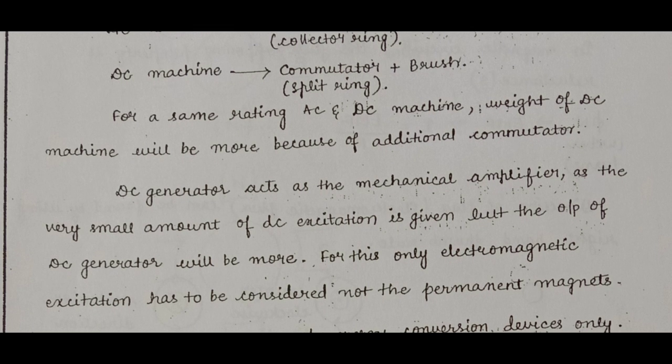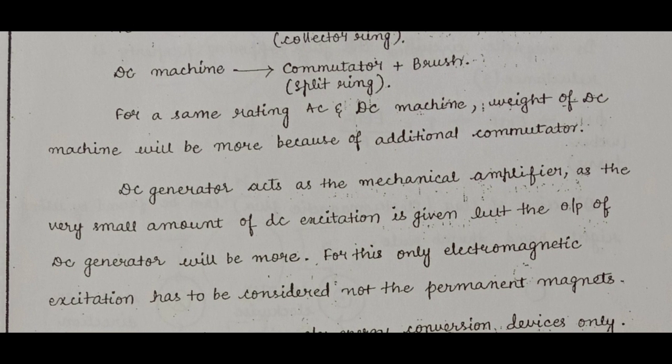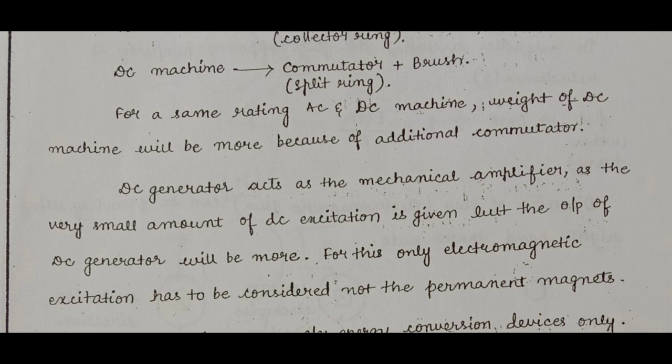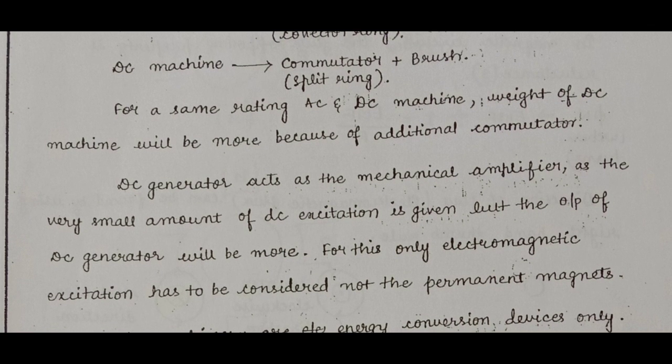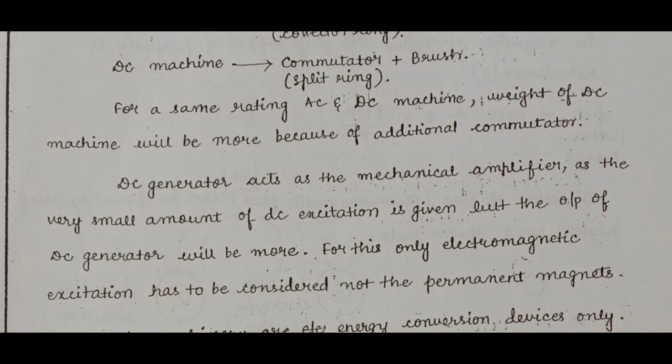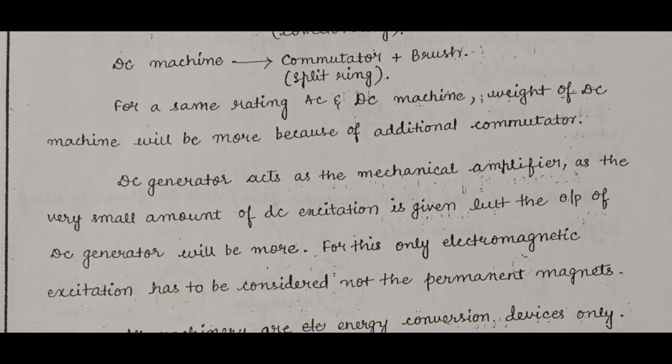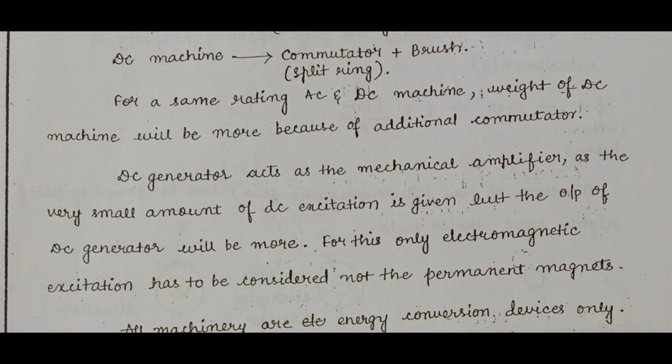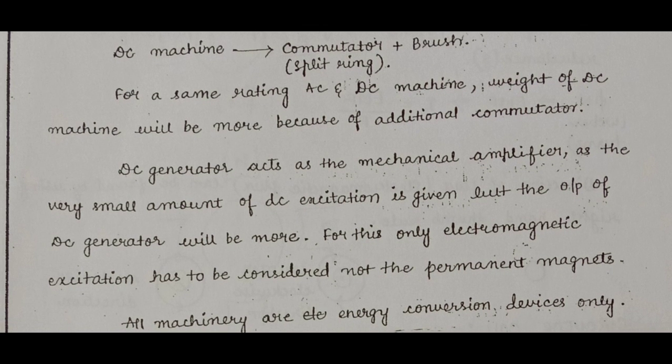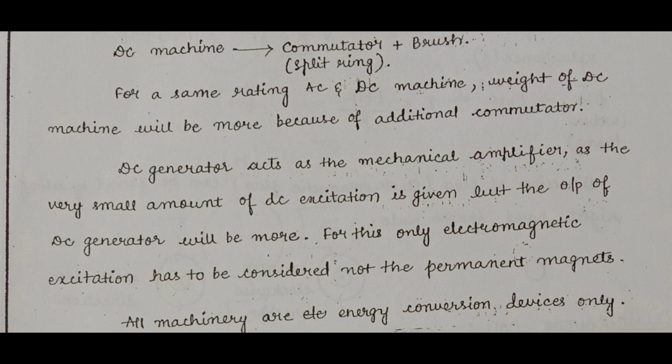If the supply is removed or reduced, then the magnetization also reduces or is removed. So in a DC generator, with low power given to the field, it gives more output current from the armature winding. That's why we can say this is a mechanical amplifier. An amplifier can increase the values.